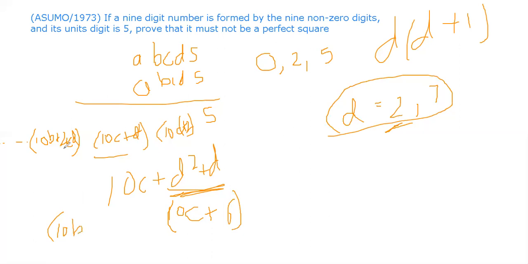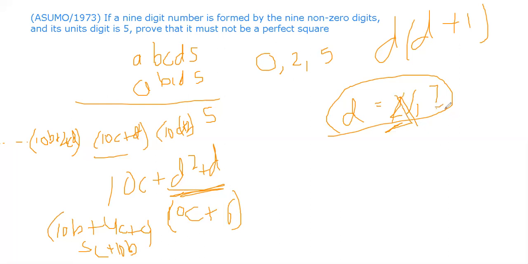Since we assume d to be 2, it would become 4c plus the c carried here. So this number is 5c plus 10b. Now 5c plus 10b implies that this digit is a multiple of 5. If it is a multiple of 5, it will end in 0 or 5, both of which are not allowed. So d can't be 2.